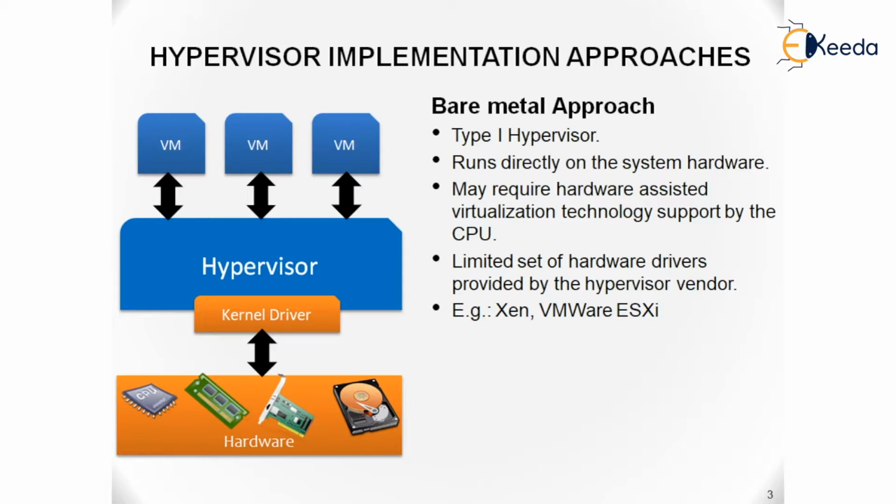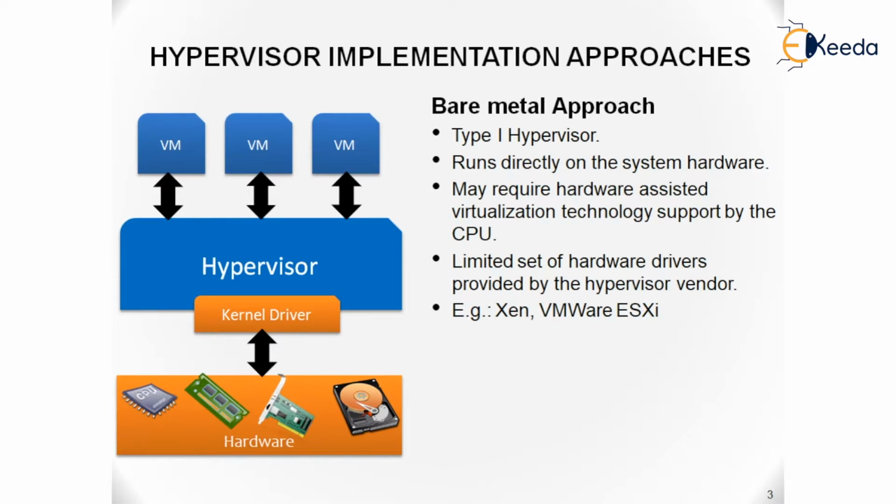Also, in this bare metal approach, a limited set of hardware drivers is provided by the hypervisor vendor. Examples of such hypervisor vendors are Xen as well as VMware ESXi.